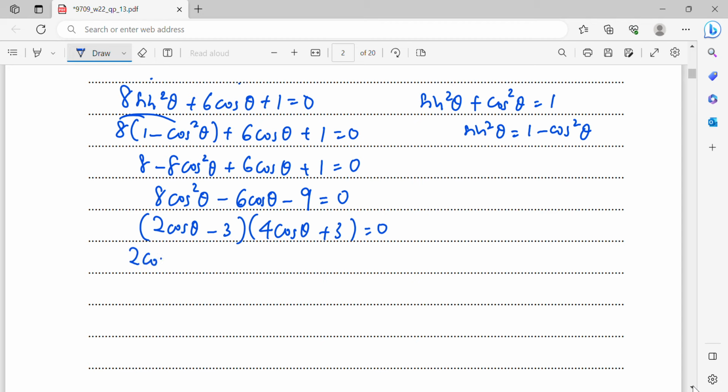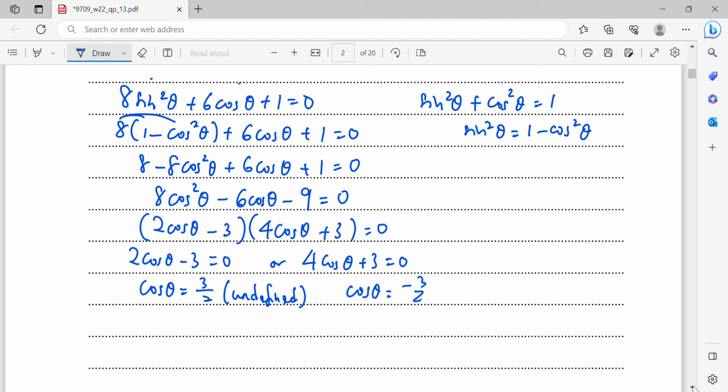So 2 cos theta minus 3 equals 0, or 4 cos theta plus 3 equals 0. For the first equation, I will get cos theta equals 3 over 2, which is undefined, right? Because the maximum value for cos theta is only 1. So now, for the second equation, I will be getting cos theta equals negative 3 over 4.